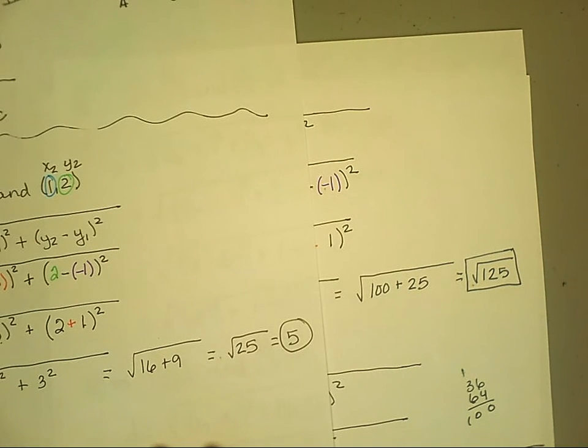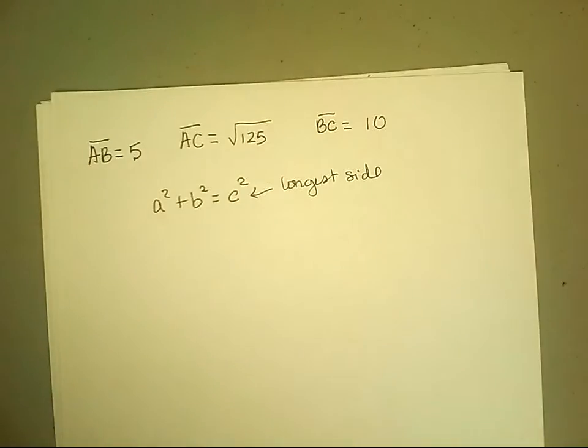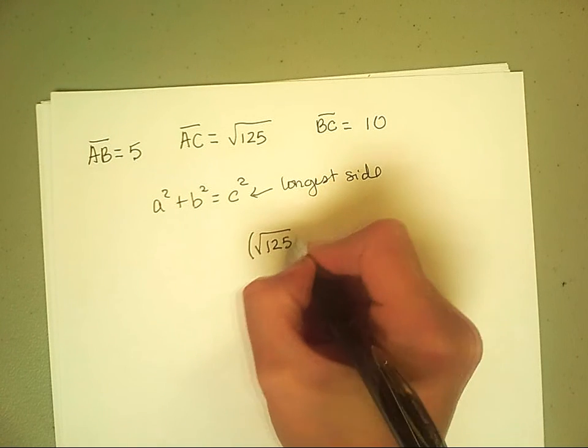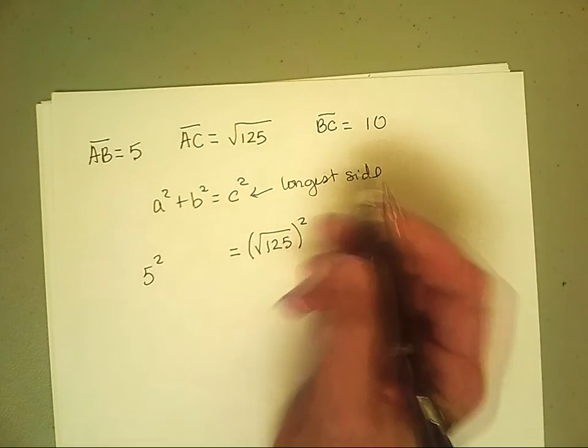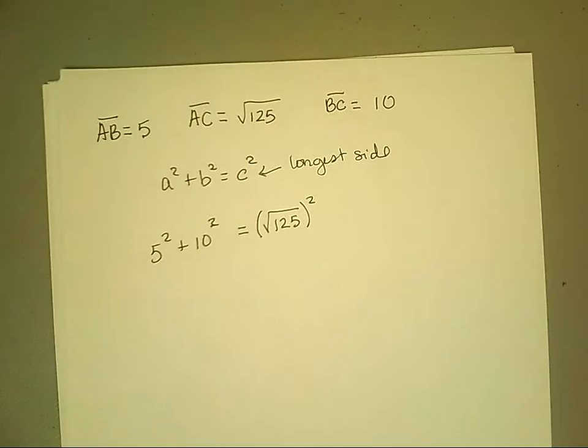That is certainly smaller than the square root of 100. And the square root of 125 is larger than the square root of 100. So we know that our C then is 125. Okay, so if that's squared, and then it doesn't matter which one we call A and B. So we will test.